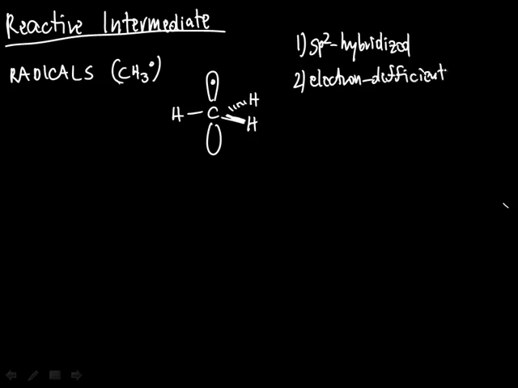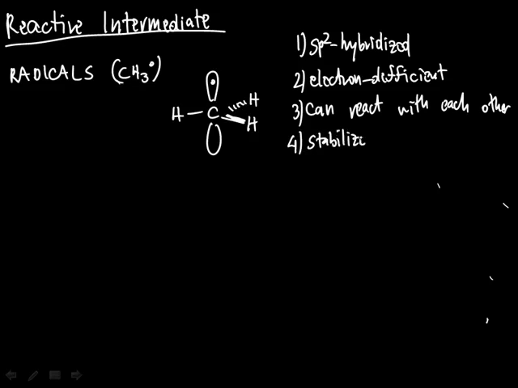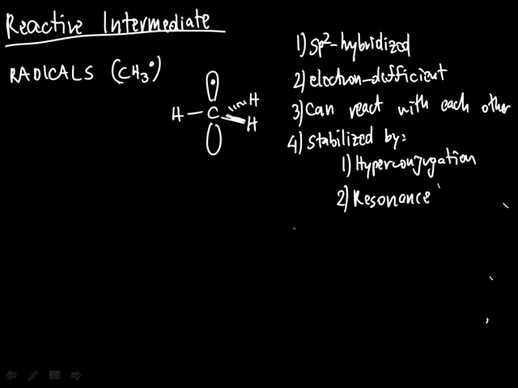Now, since they're not charged, they can react with each other, and they can be stabilized, as we've seen already, by hyperconjugation, which is overlap with adjacent filled sigma bonds, or by resonance. And that is something we haven't looked at so far for radicals, but it's a pretty straightforward concept.